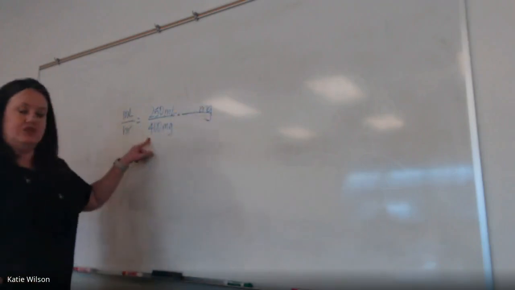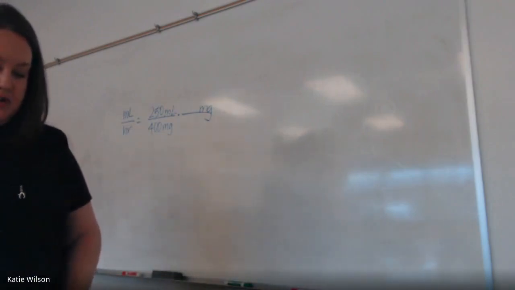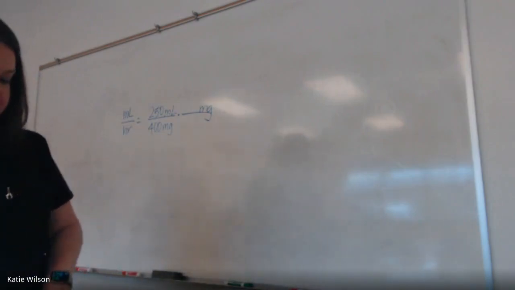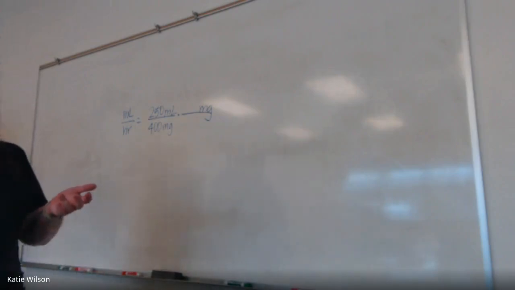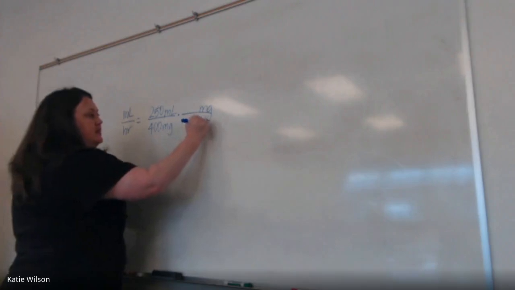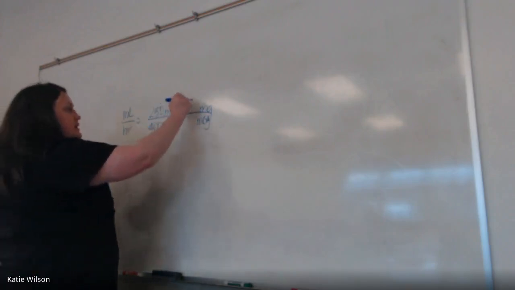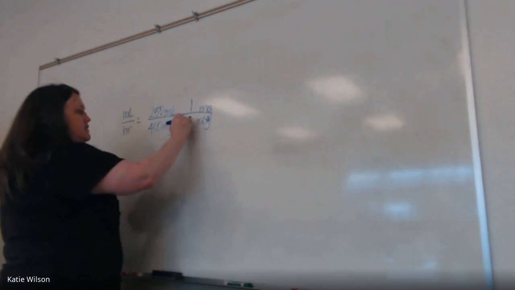Okay, so that's my concentration of medicine. Now, what do I know about milligrams? They give us the order in micrograms, so I'm going to have to convert milligrams to micrograms, right? And we know it is 1 to 1,000.